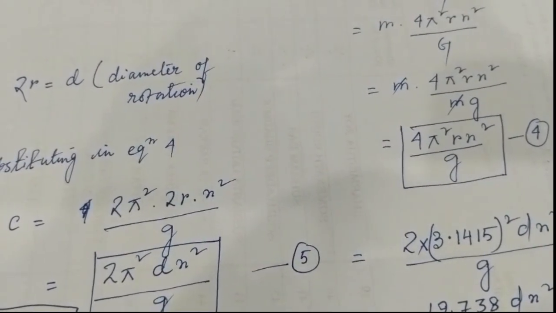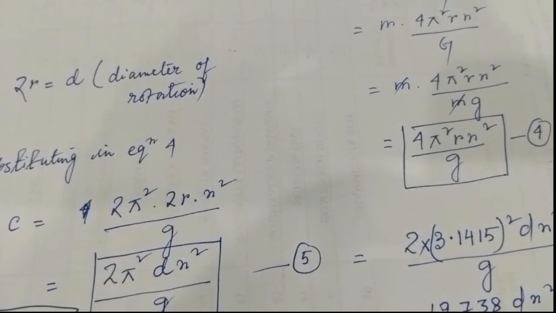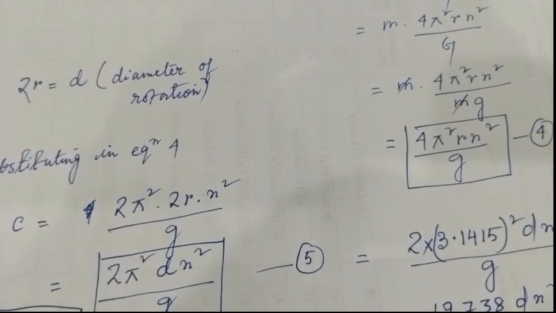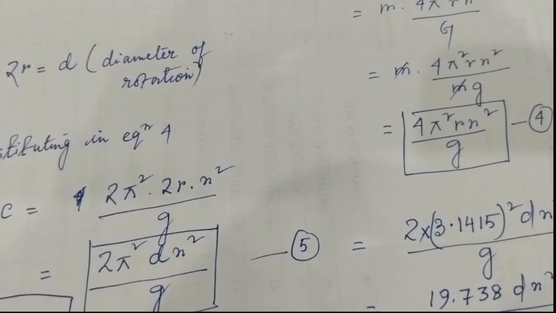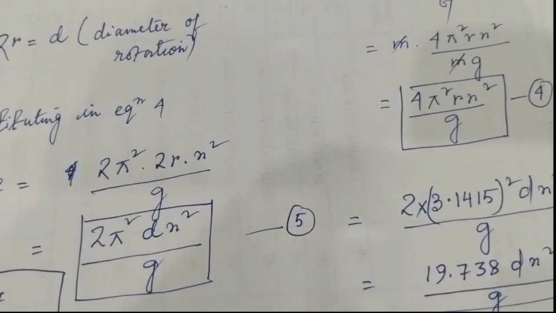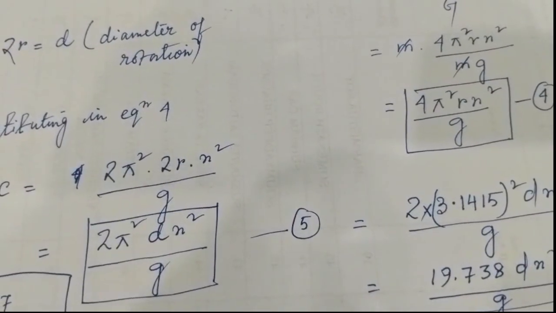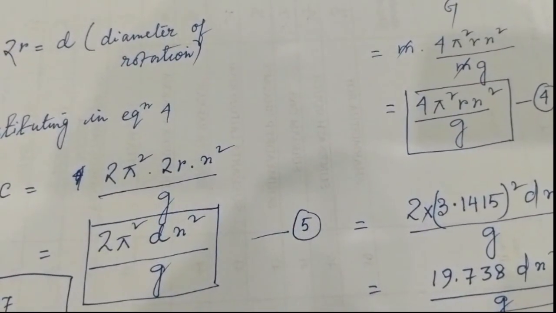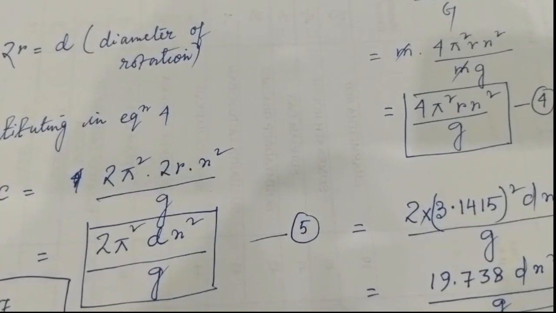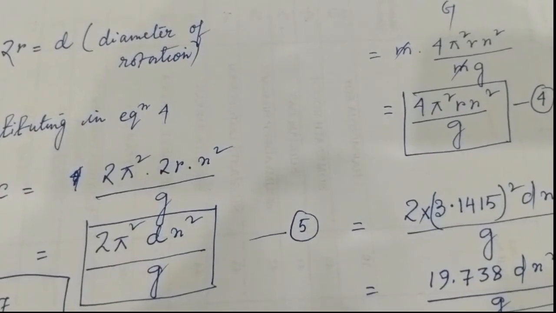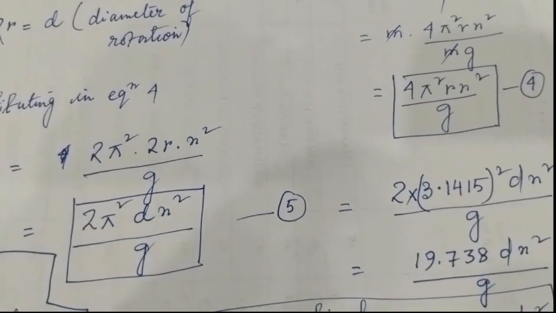Instead of 4r, you subdivide that into 2 pi square into 2r into n square by g. Instead of 2r you write d, the diameter, since 2r is equal to d. So that is 2 pi square d n square by g. That is equation number 5.